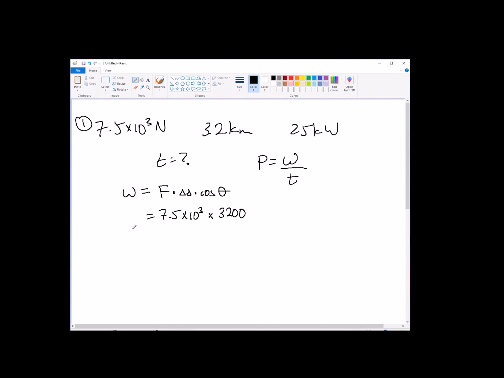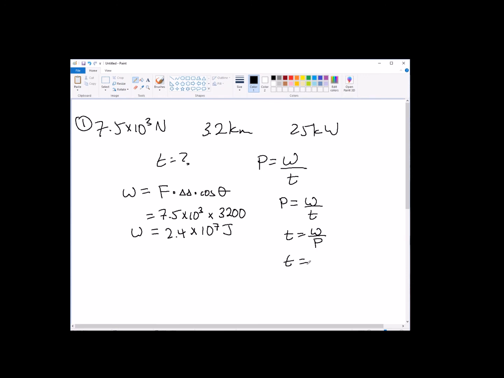So then if we multiply them, we get our work to be 2.4 times 10 to the 7 joules. So now that we have the work, we can figure out power equals work over time. Therefore, time equals work over power.